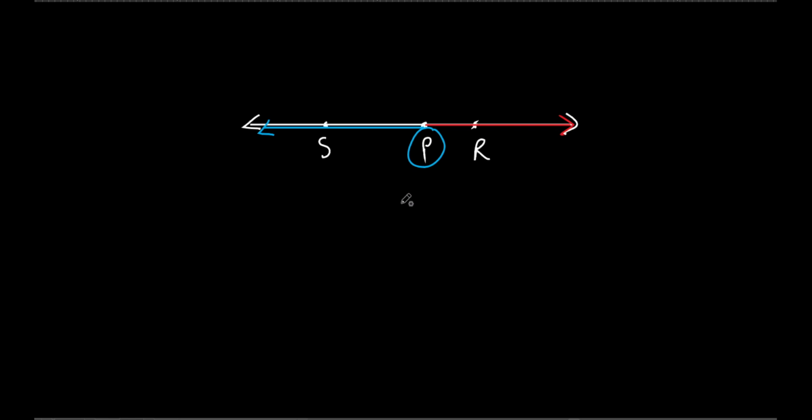So we say that these are opposite rays. They're opposite rays if P is between S and R. All right? That's all you've got to say there.